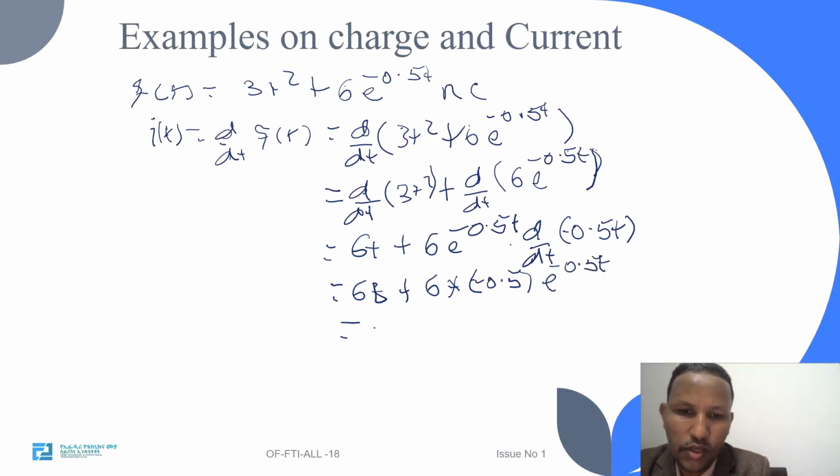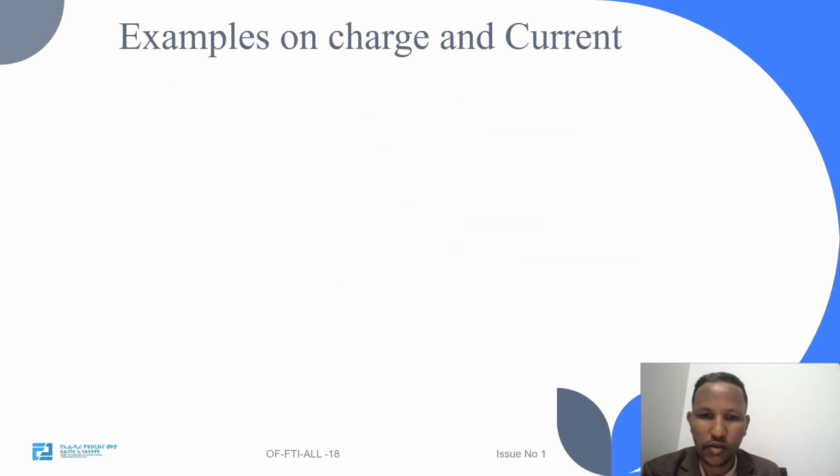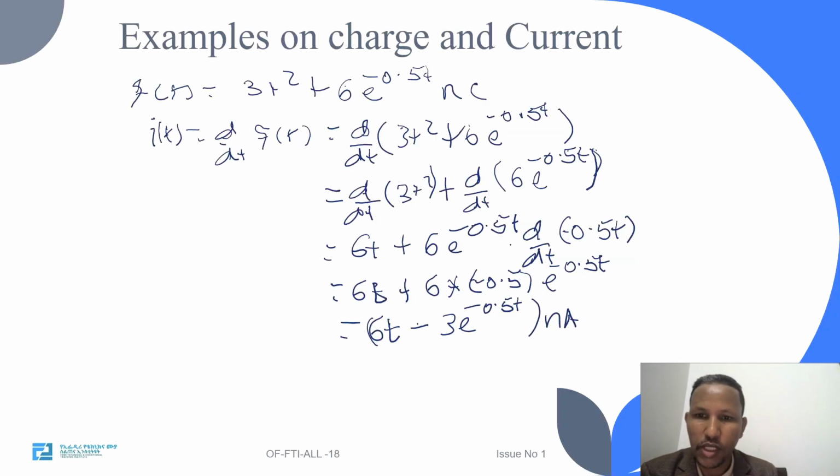So you'll have 6t minus 3 e raised to minus 0.5 t nanoampere. Okay, nanoampere. So this is the expression for the current flow through the circuit.